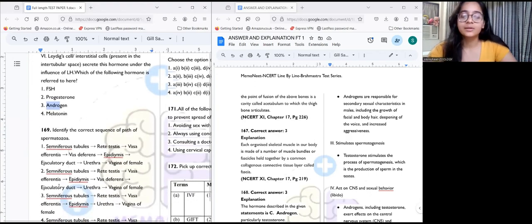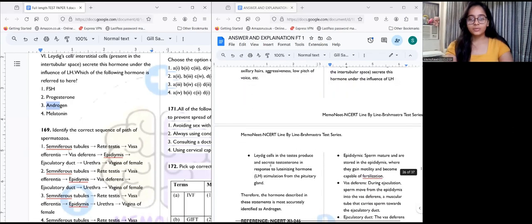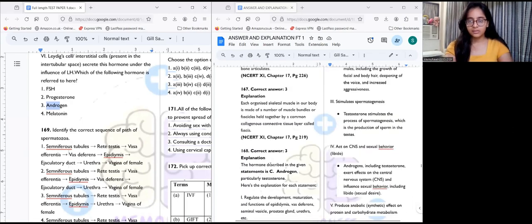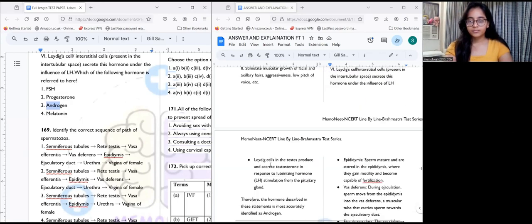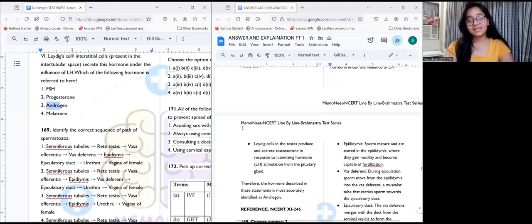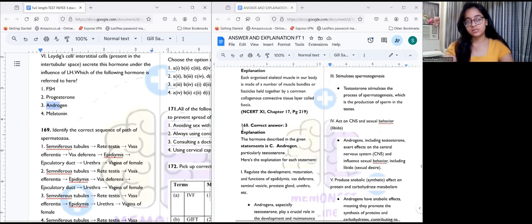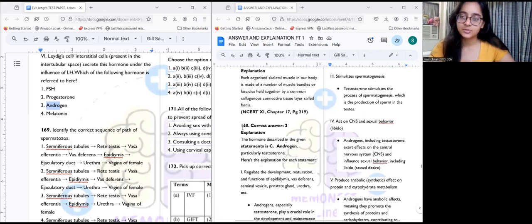For 169, the sequence of the path of spermatozoa will be, okay. So spermatozoa, how do they go? They are produced initially, the answer, just a second. Also, with the previous question, there's a really detailed explanation mentioned here, which explains each and every question. If time permits, I'll discuss this question again.